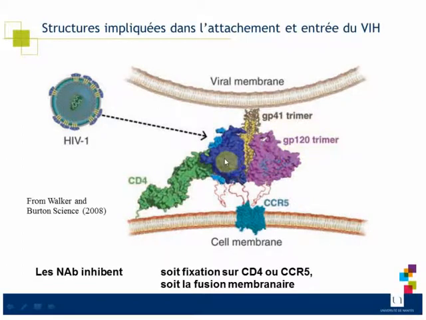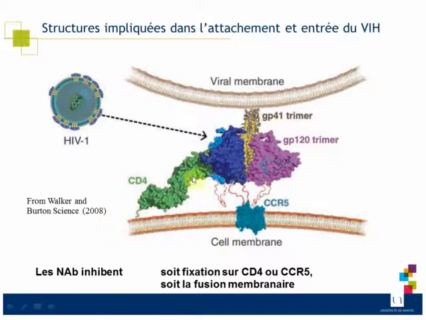GP120 binds firstly to CD4. This interaction leads to the liberation of the V3 loop, which binds to the co-receptor CCR5. Once CD4 and CCR5 have been bound, the fusion domains in GP41 induce fusion between the virus membrane and the host cell membrane.